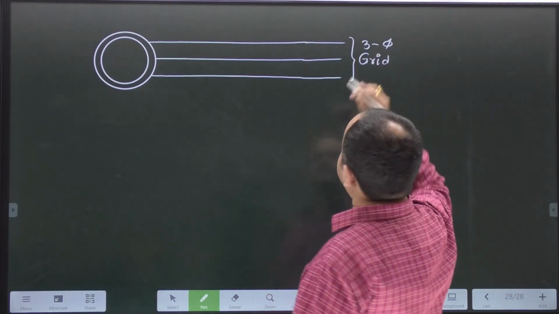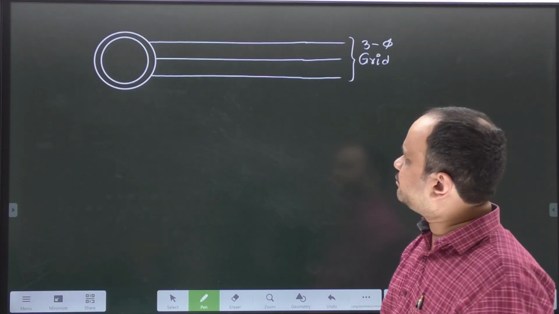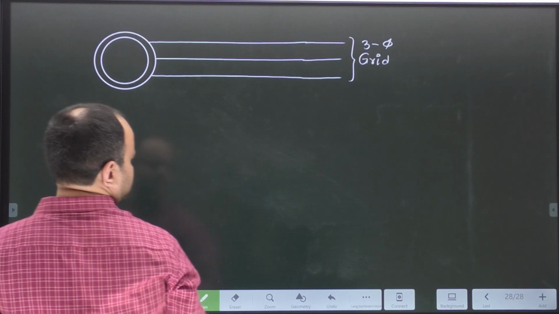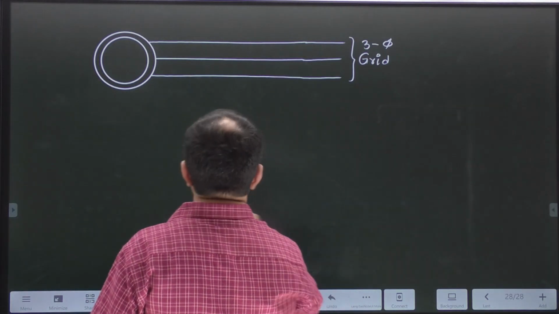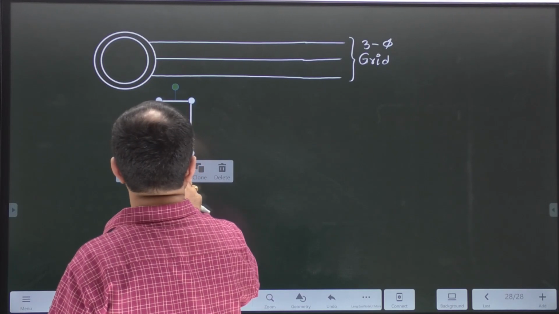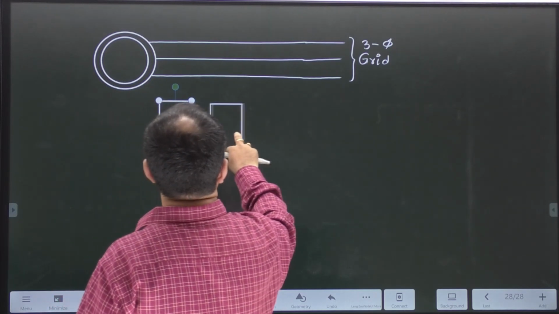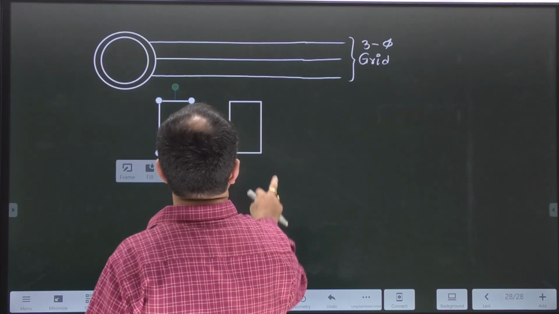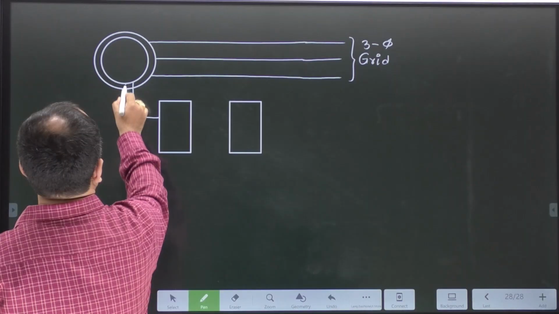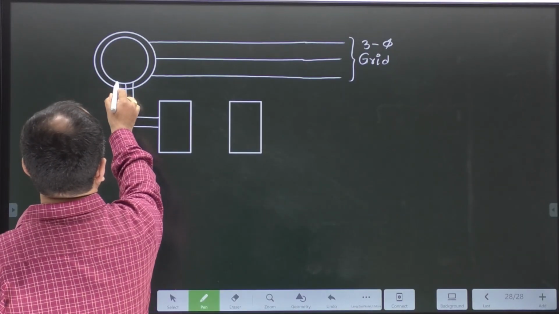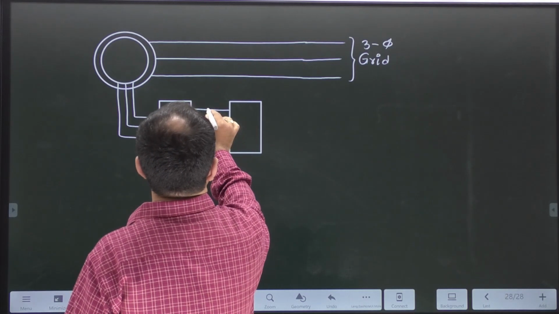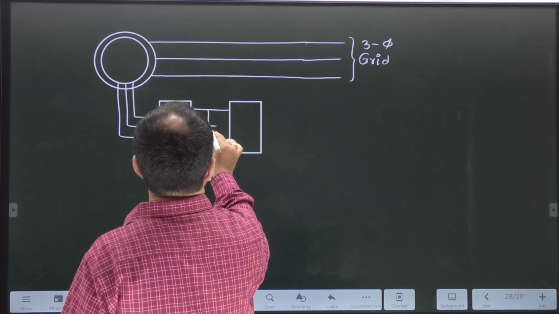So what do you mean by this? Stator is connected to the 3-phase grid directly. Okay. Now the rotor is also connected to the 3-phase grid, but through two power electronic circuits. Okay, now follow carefully here. The rotor is also connected to the grid, but it is through two power electronic circuits.